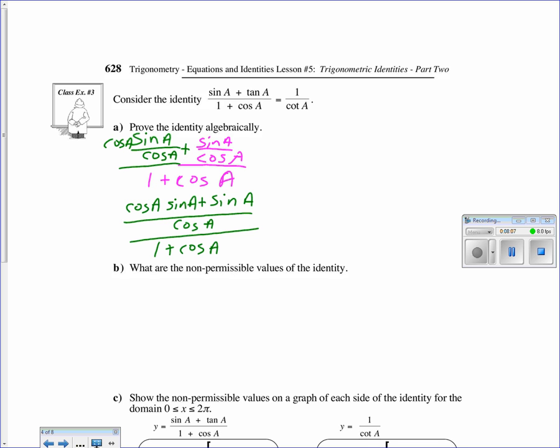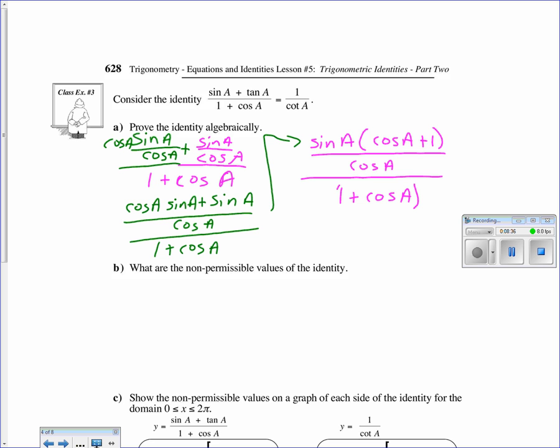And I'm going to shift up and over here. So in the numerator of the numerator, I can factor out a sine A. So that's great. I'm left with sine A times cos A plus 1 over cos A, divide by 1 plus cos A, which now I share a numerator and a denominator position, which I can cancel out.